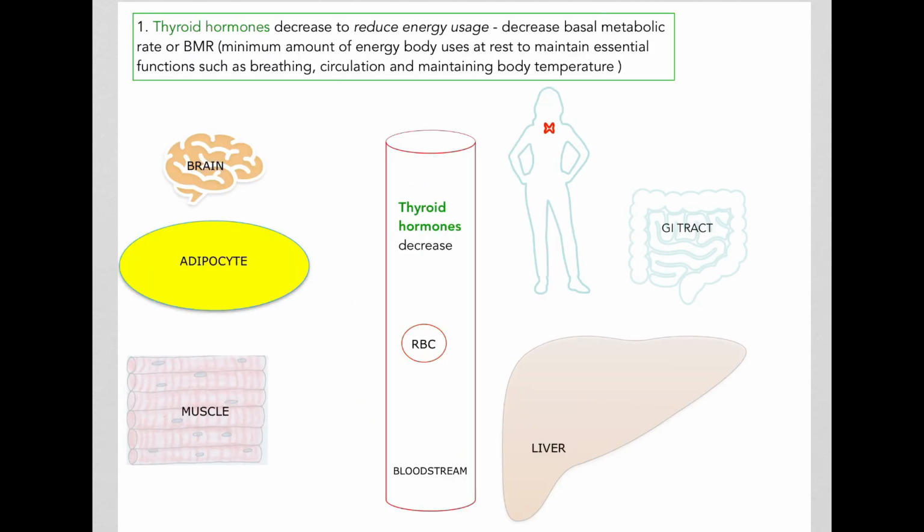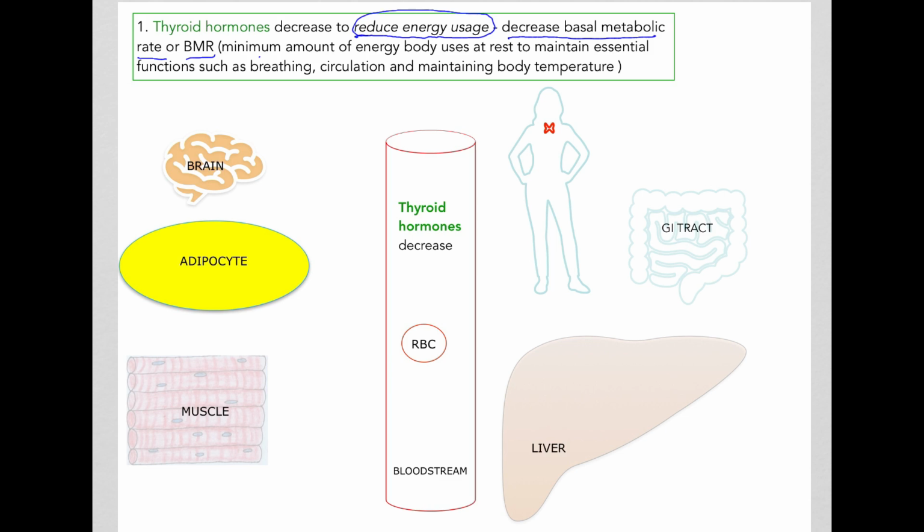So one of the things the body does during starvation is that it's going to reduce the usage of energy. That basically means it will try to decrease the basal metabolic rate, or BMR. So what is BMR?